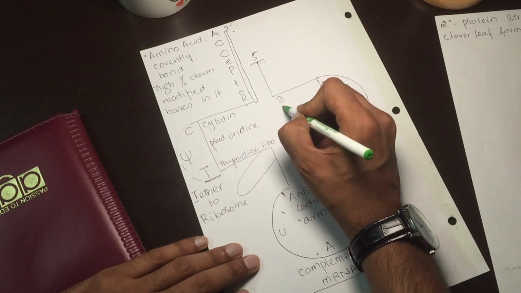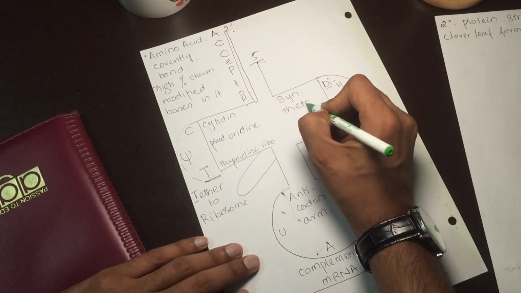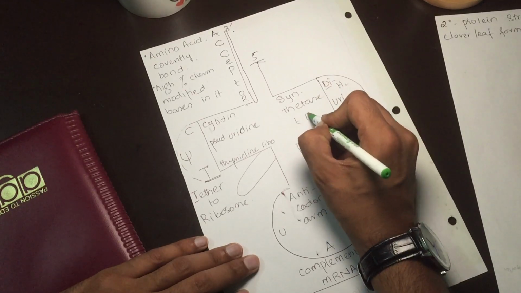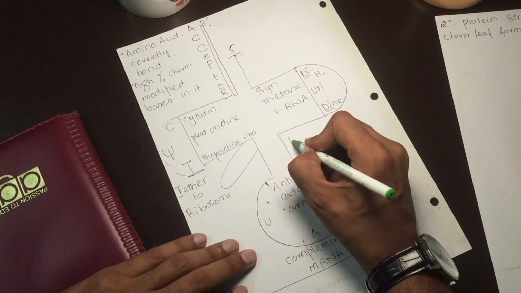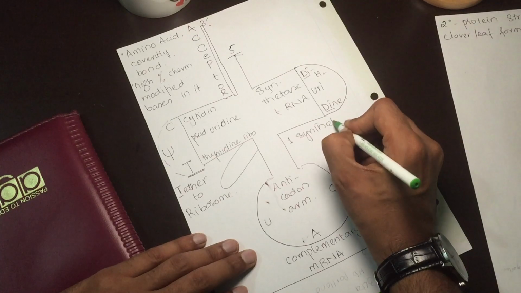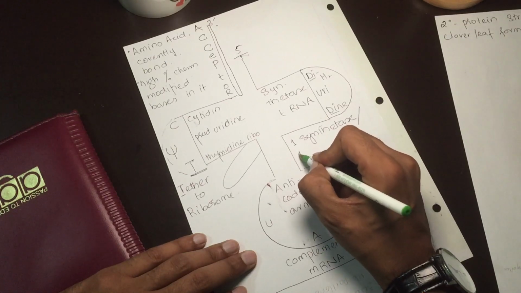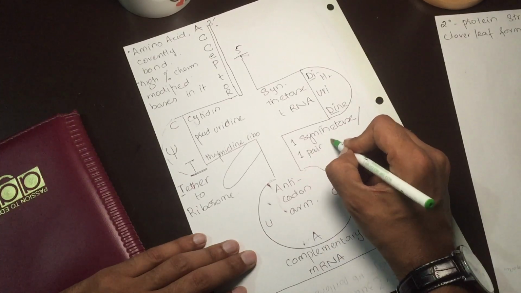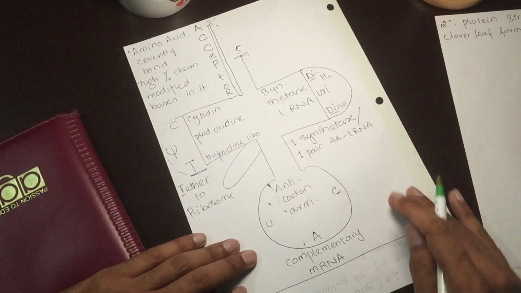Which enzyme? Synthetase enzyme, transfer RNA synthetase enzyme. So one synthetase enzyme is specific for one pair of amino acid and transfer RNA.